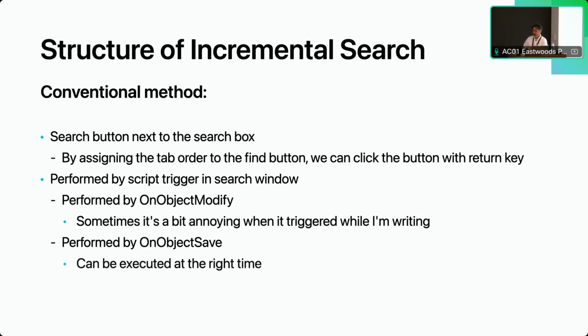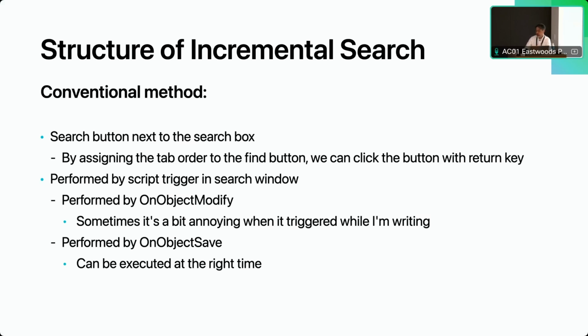Also, to make things a little more complicated, onObject save is different from onObject modify, and that script is called before the triggering operation is performed. So we can cancel that user's operation at the end of the script.